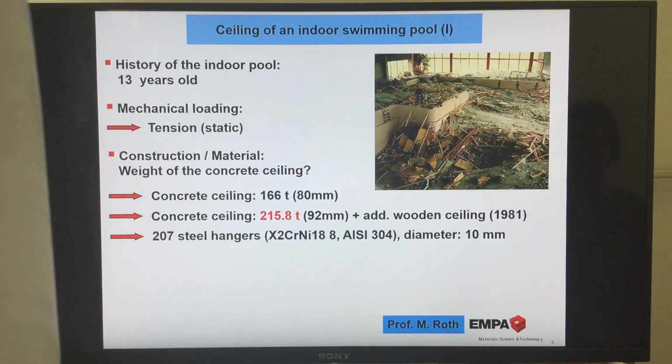And now, from that amount of weight and the steel hangers, you can calculate the stress. And the material used, the architect was thinking, oh, I'm doing something very good. I make it perfect and also relatively expensive. The architect decided to use a so-called stainless steel. This is a German designation. We see here X2. X means it's highly alloyed, and 2 is a number for the content of carbon.